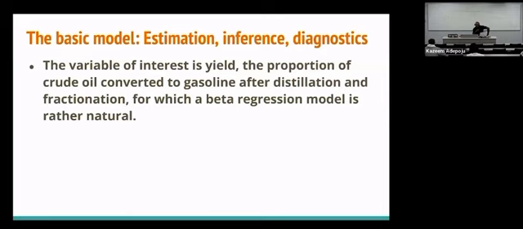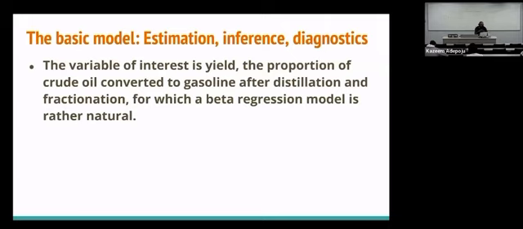It is not 100% of the crude oil that will get converted into gasoline at the end of the day after distillation and fractionation. Out of 100%, how many of that gets converted? It means we're going to use the idea of a beta distribution, because the response variable here is going to lie between 0 and 1. You get what I mean?